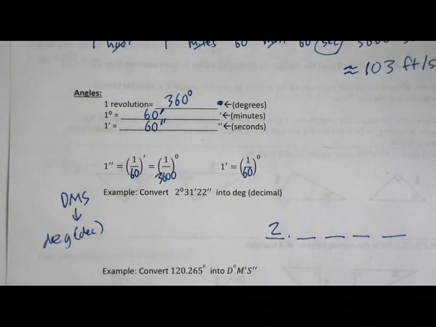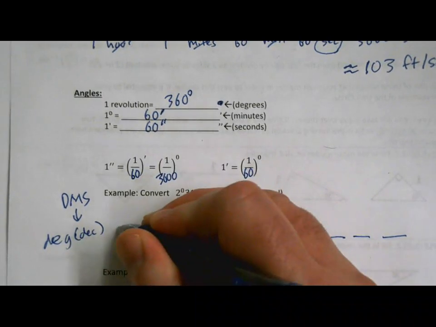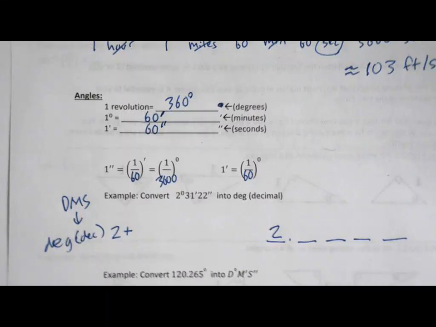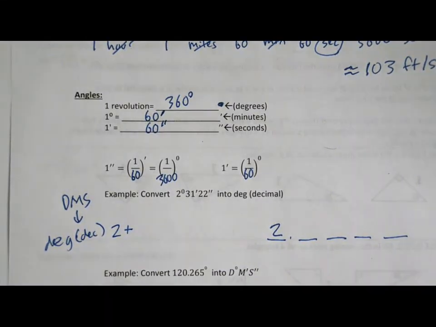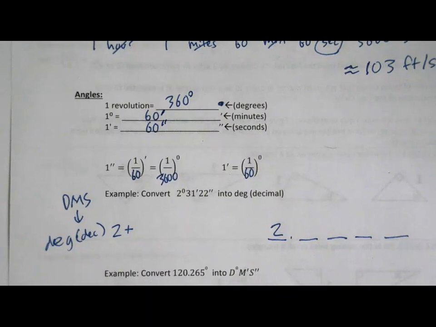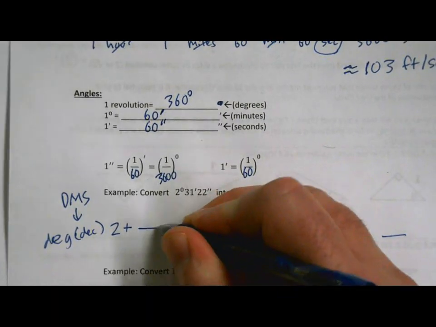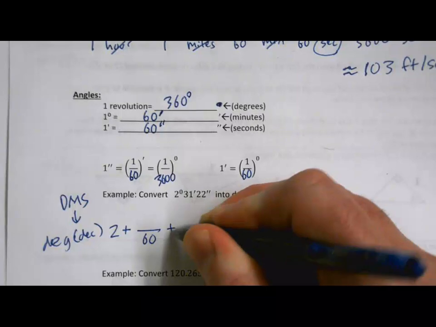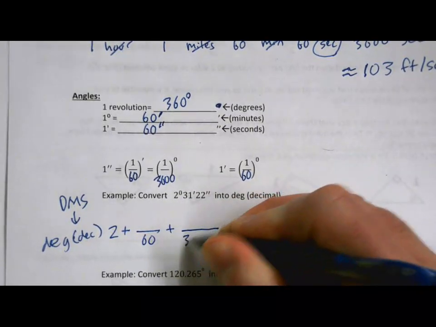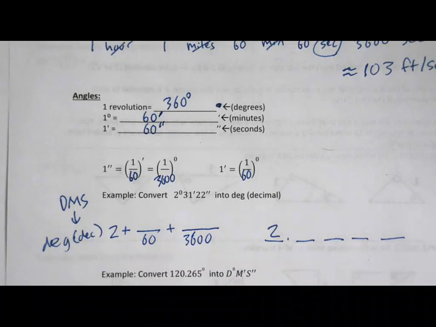Well, let's do better than that. So all we got to do for this is use your calculators. I'm going to type in 2 plus. Let's write it down first, then we'll put it in our calculator. 2 plus a fraction over 60 plus another fraction over 3600, and then I'll hit enter.